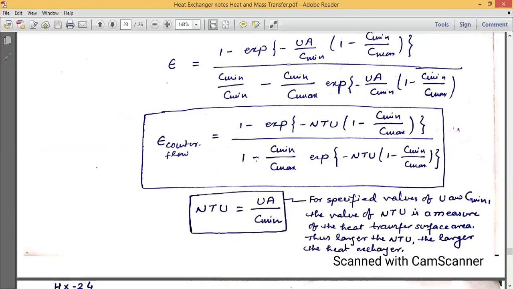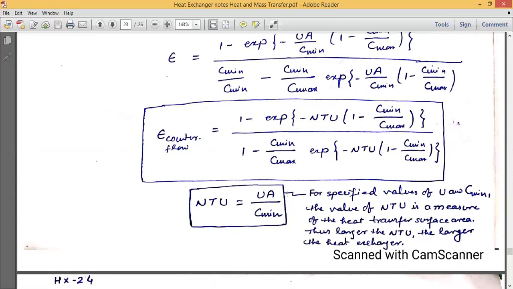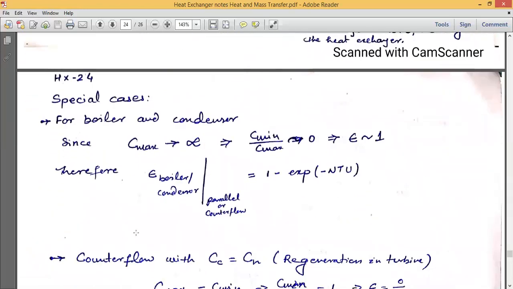And in the denominator, 1 minus C minimum upon C maximum will become 0, so 0 into exponential will become 0. So finally we will get 1 minus exponential of minus NTU. That will be the value. So whether it is parallel flow or counter flow, both will have the same value of effectiveness. The effectiveness of a boiler and condenser, for parallel flow as well as counter flow, will be equal to 1 minus exponential of minus NTU.